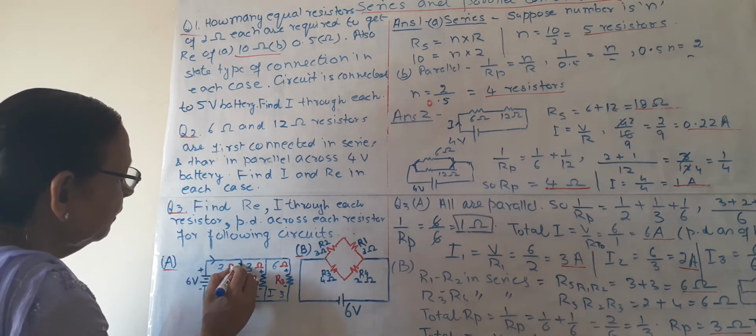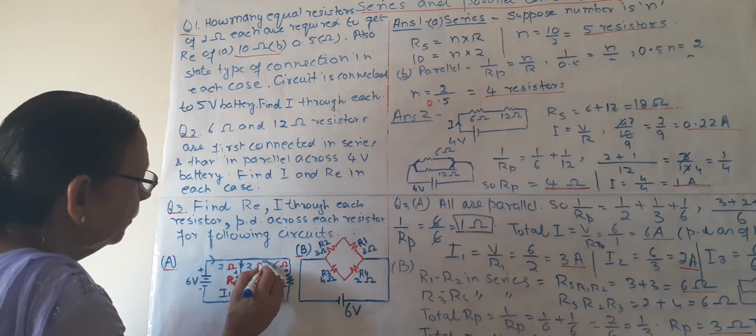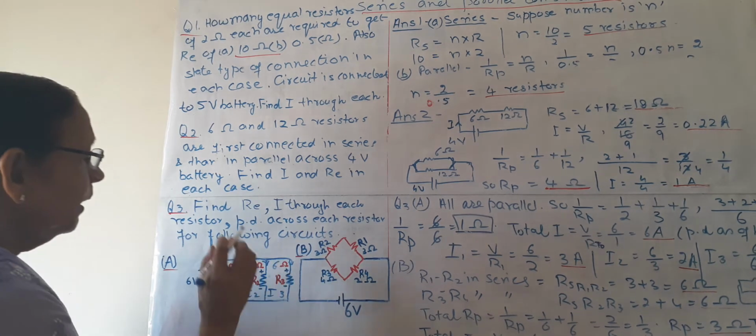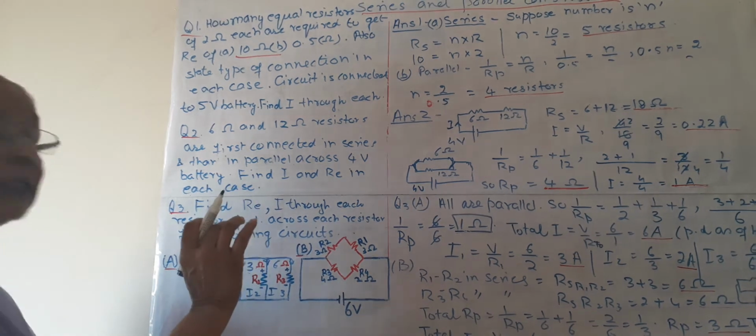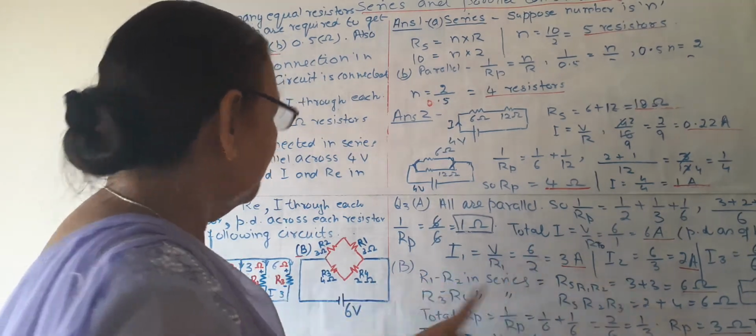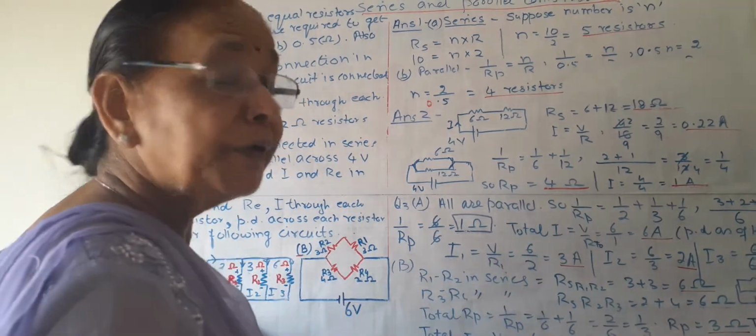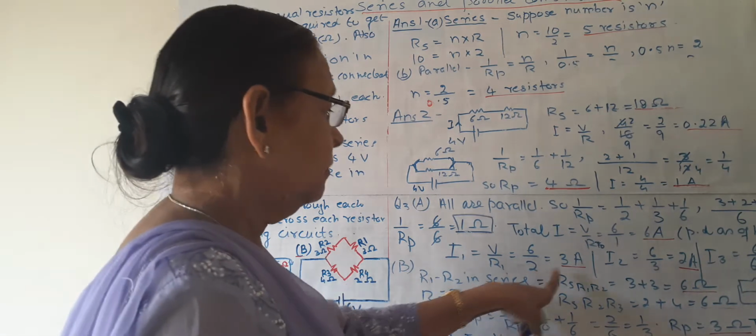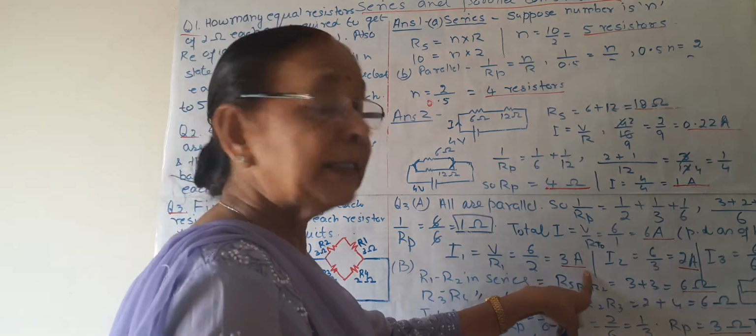So some current will go here, other will go here, the rest will go here. It will divide into 3 parts. So I1, how will we calculate? 6 upon resistance of R1. So 6 by 2, 3A.